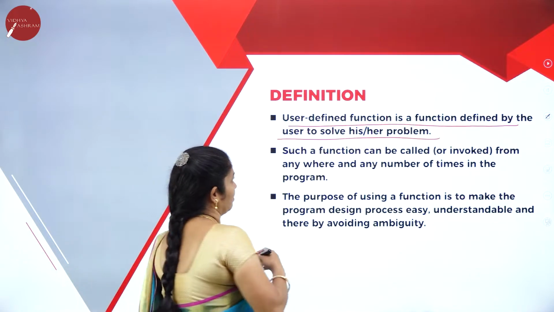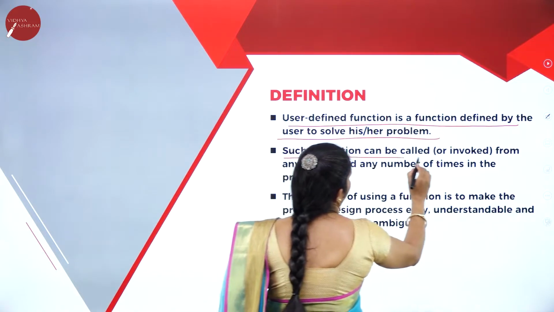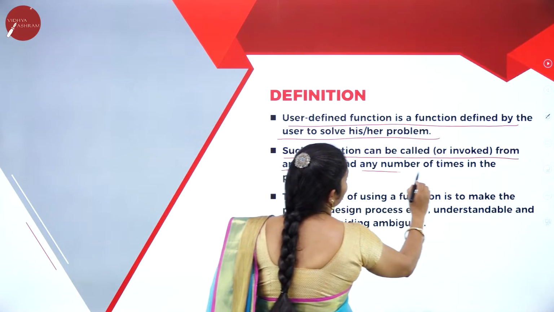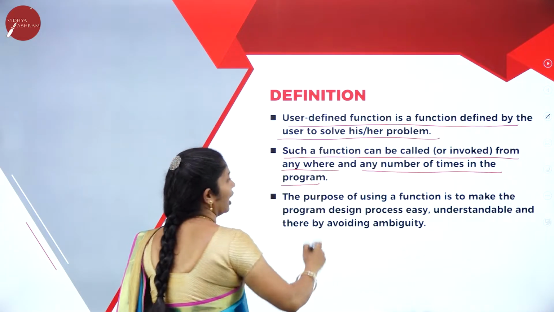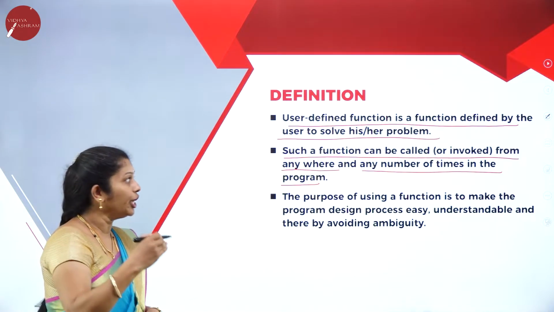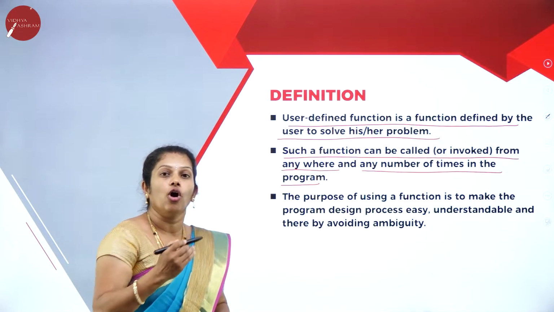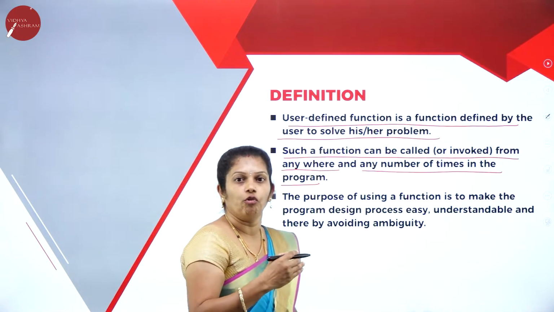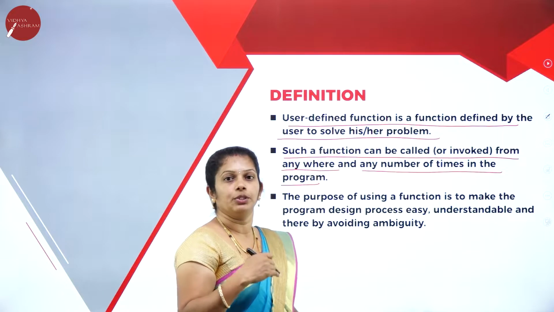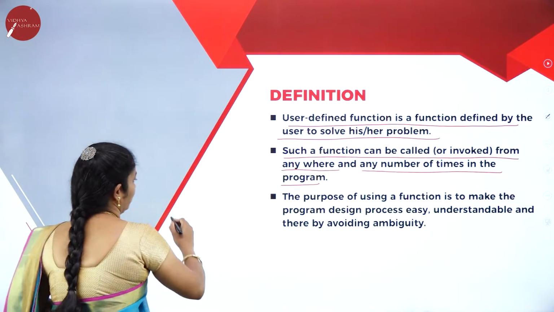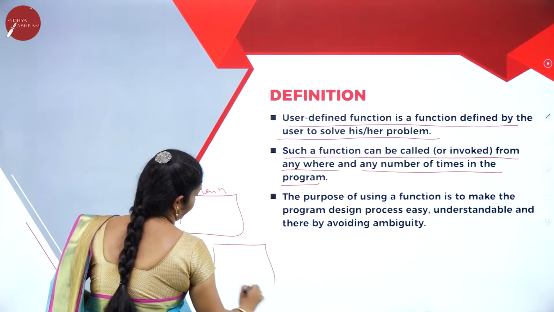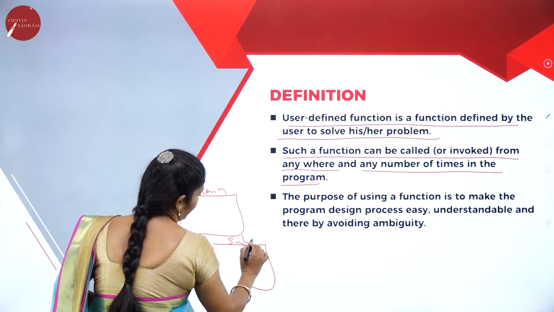Such functions can be called or invoked from anywhere and any number of times in the program. Invoke is nothing but call. Anywhere in the program, how many times we want, that many times we can call that function. Consider we have one main program and one sub-program.